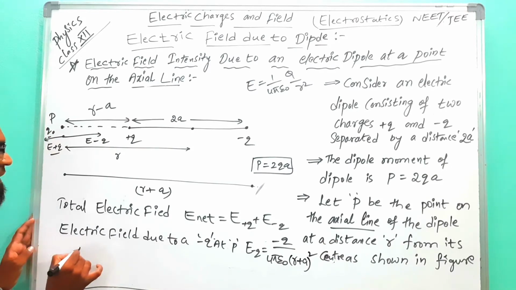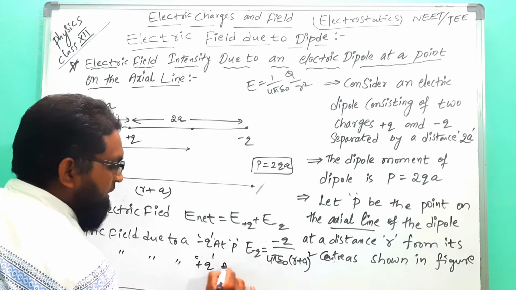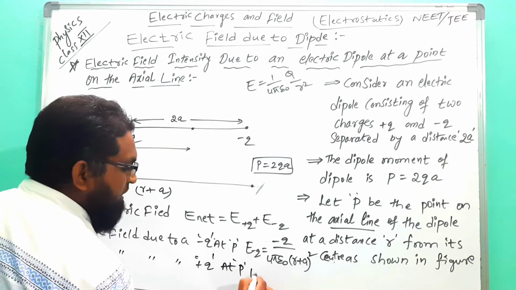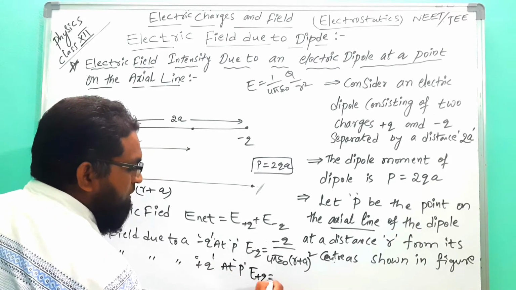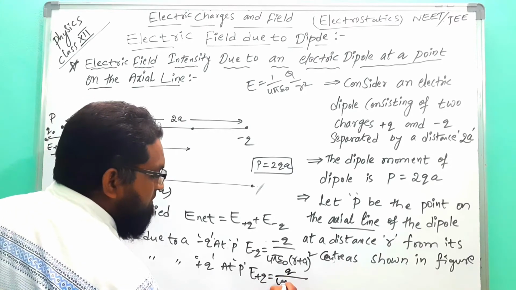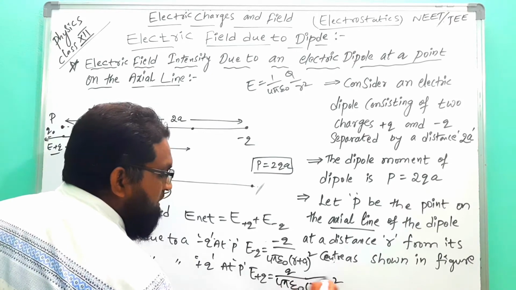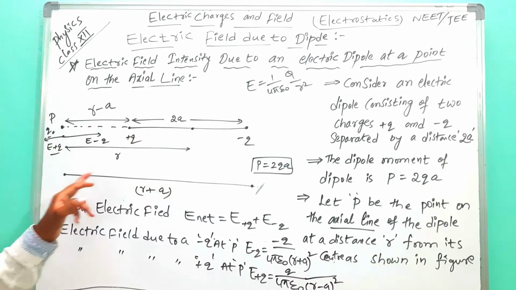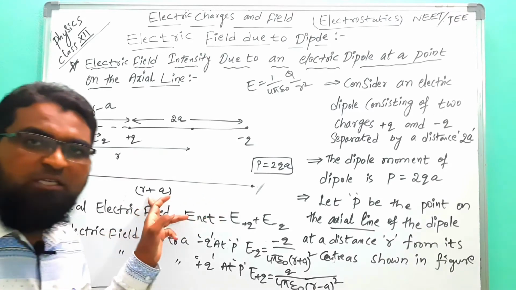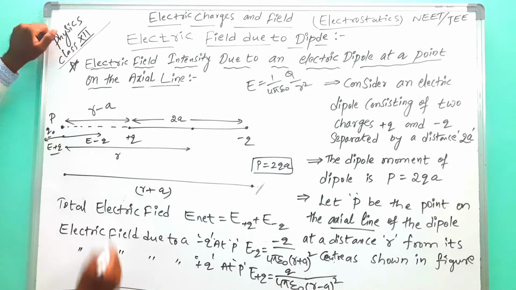Similarly, the electric field due to a positive charge at p point, E plus q, equal to q by 4 pi epsilon naught, r minus a whole square. Observe, students, the distance from the negative charge is r plus a whole square and from the positive charge is r minus a whole square.